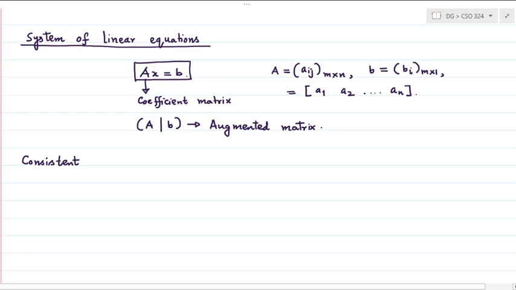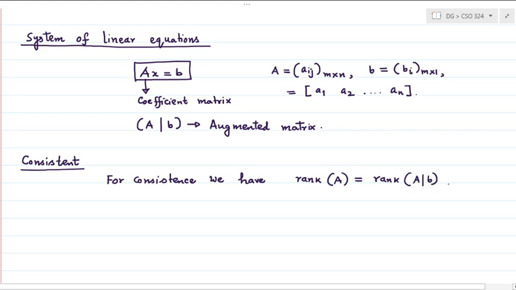So consistency is related to having a solution of this system of equations. For consistency, we need the rank of the matrix A and the rank of the augmented matrix AB to be the same.